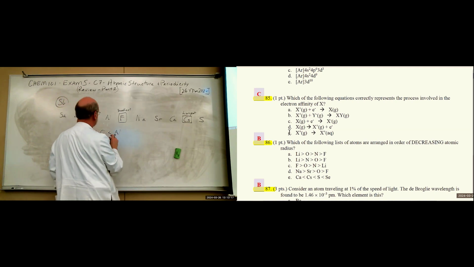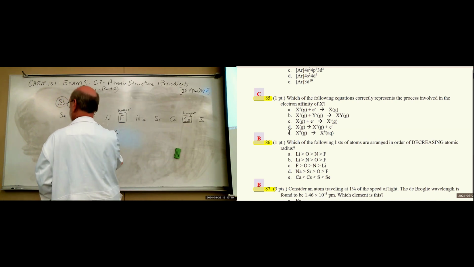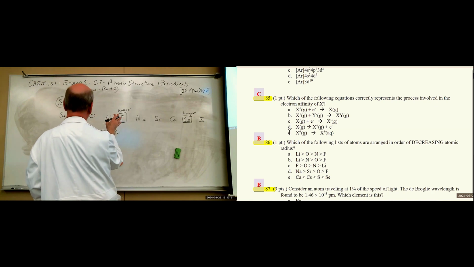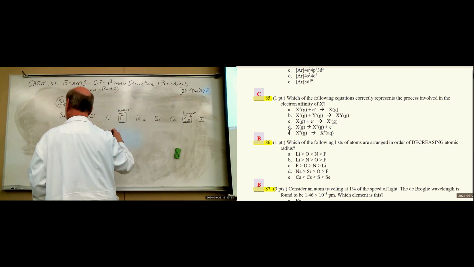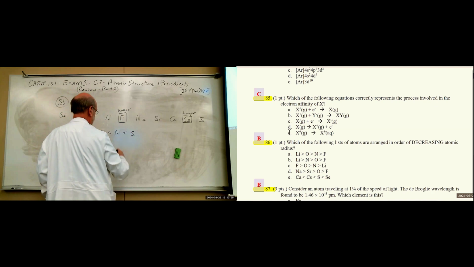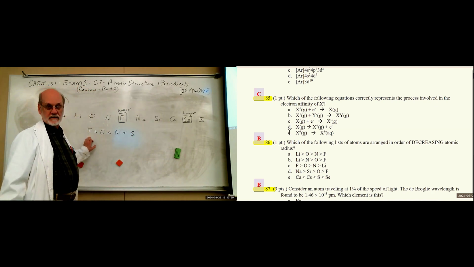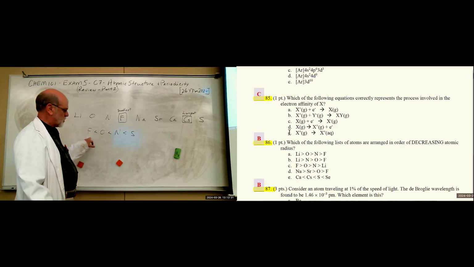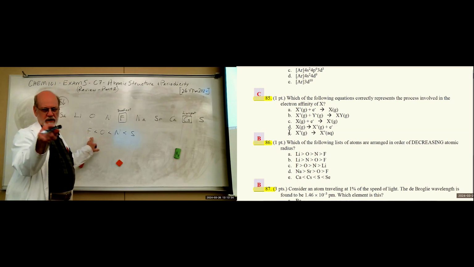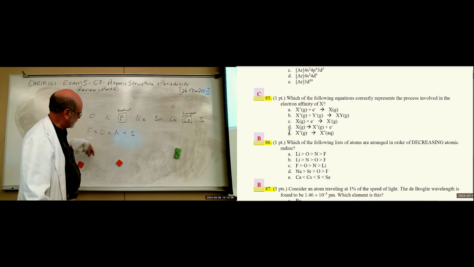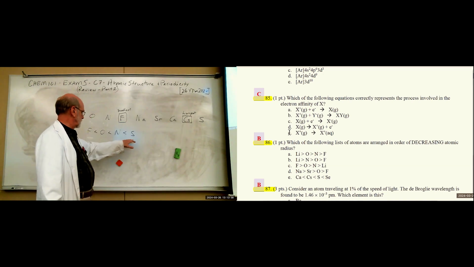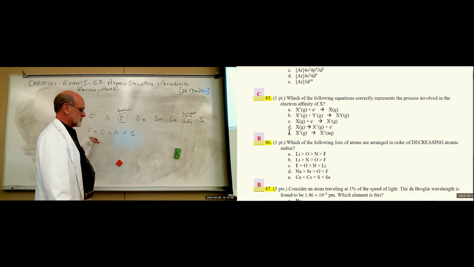Then we could go down to sulfur, unless there's carbon in there. Carbon, no, boron, carbon. All right, we'll go down to sulfur next. Right, that's if we start with fluorine. But the carets are the other direction, so we have to flip it around. Put fluorine, oxygen, nitrogen, sulfur.